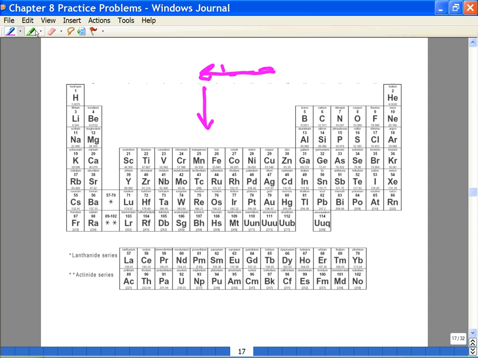We've got phosphorus here. We've got arsenic. And then we've got potassium.